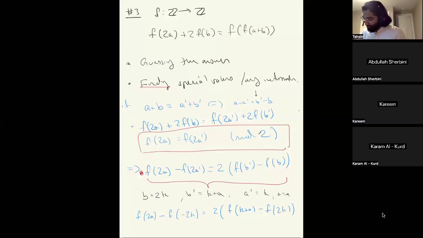Okay. Is that right? So you get f of 2a plus f of 2k equals 2 f of a plus k.